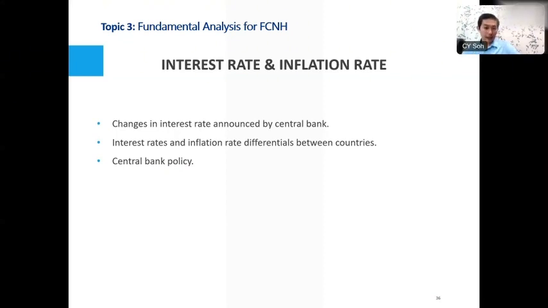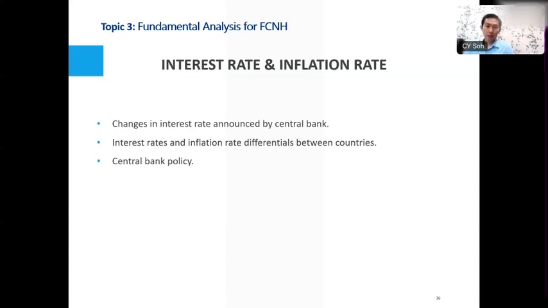So the country's currency would strengthen in relation to other currencies or other assets. For example, if the United States hikes its interest rate, then at least in the short term, it would be very attractive for investors to park their money in US dollars rather than some other currency, for example CNH.